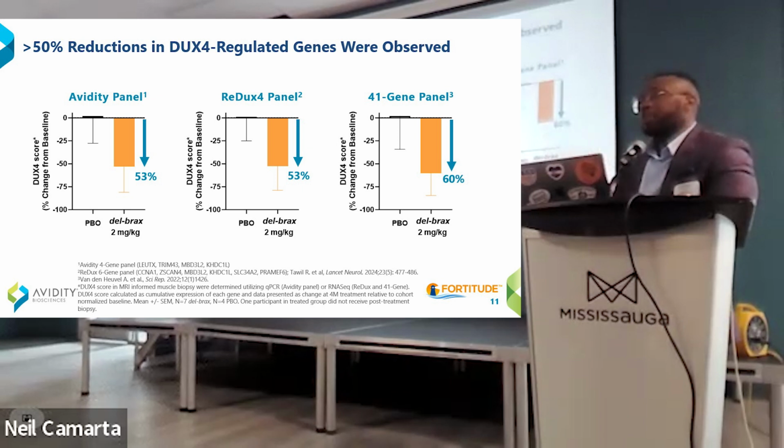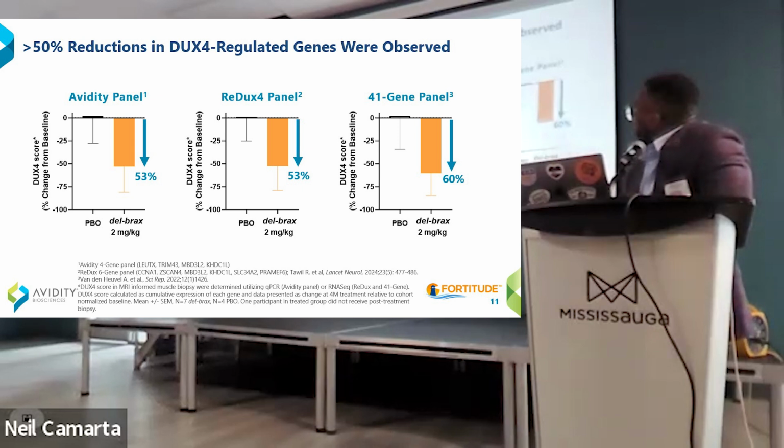But what I just want to draw attention to is that irrespective of the panel you look at, for those patients that were on placebo, that means no active drug, compared to the patients on active drug, we can appreciate a consistent reduction of those genes that are regulated by DUX4 across the panels.